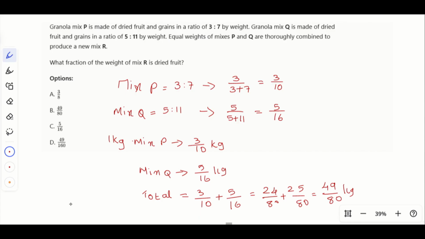The total weight of the new mix will be 1 kg of each, so that will be 2 kg. Total weight is equal to 2 kg. So the fraction of dried fruit in mix R will be 49 by 80 by 2.